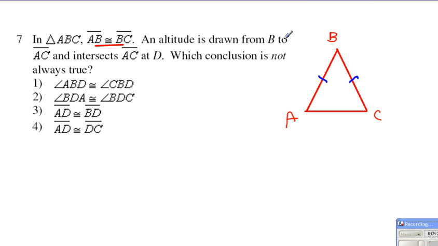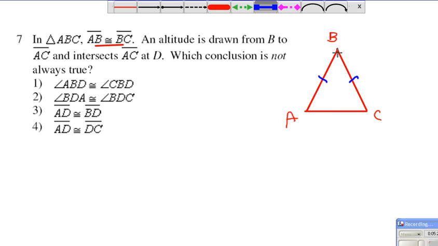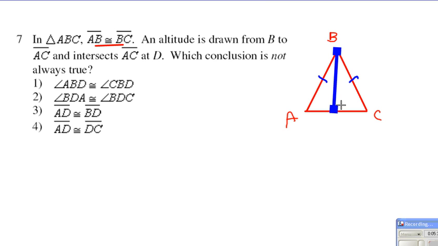And then an altitude is drawn from B to AC, so we have another altitude right here. I'm going to just use the blue. Why not? That's the altitude, right?